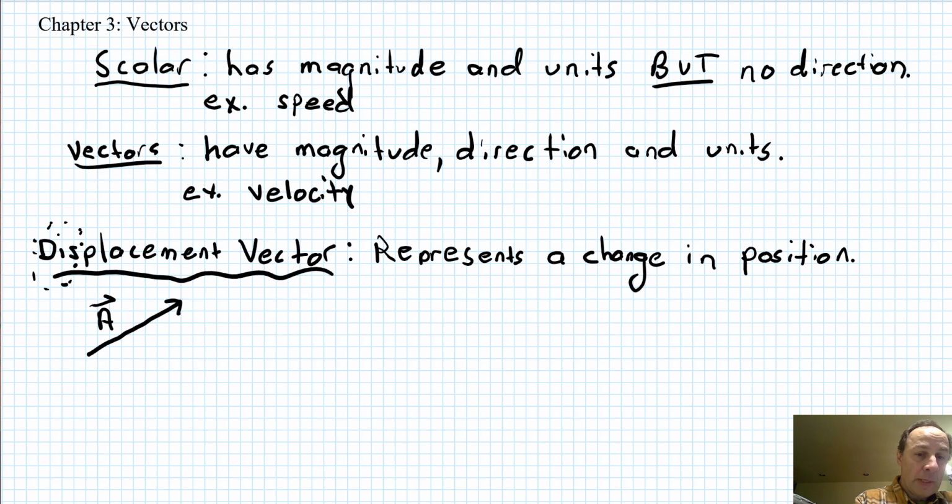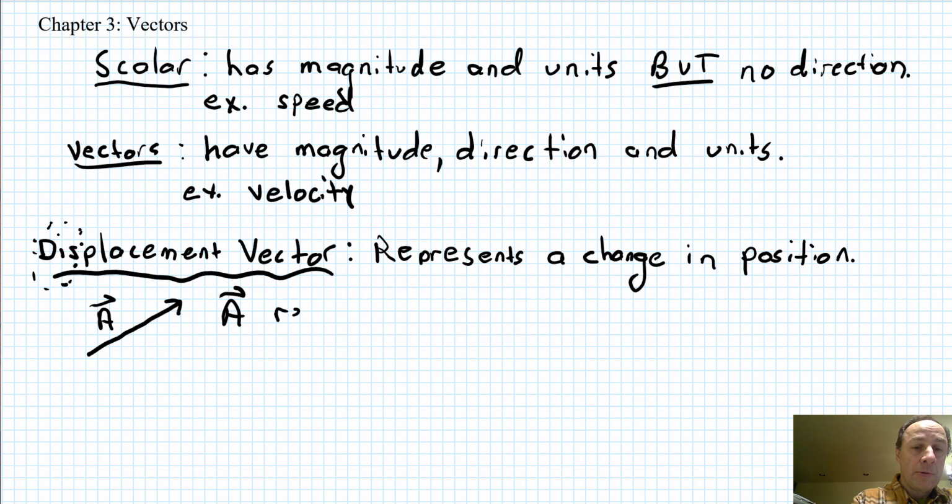A, I'm using capital here, so I should stay with the uppercase. A with the arrow above it, that's going to be our representation of a vector when we're doing handwritten things like this.